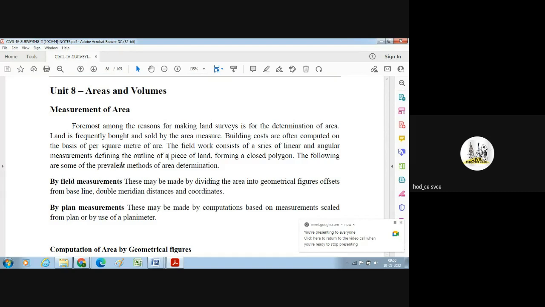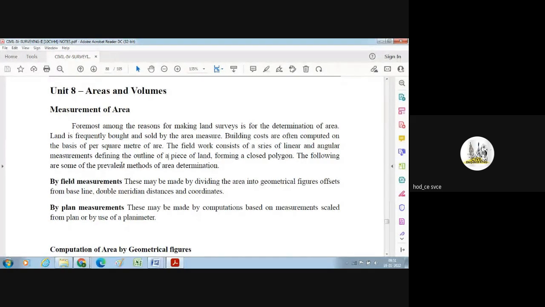If I am giving you an area, whether it is a pond or reservoir water, what is the basic principle of surveying? The basic principle of surveying is to form well-conditioned triangles or right angle triangles. If possible, we make right angle triangles, otherwise well-conditioned triangles.